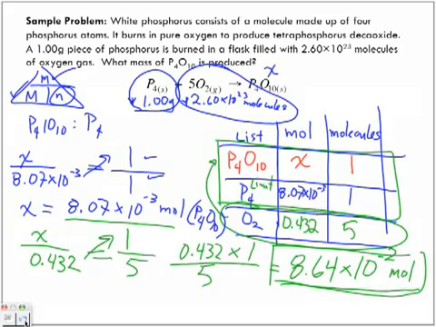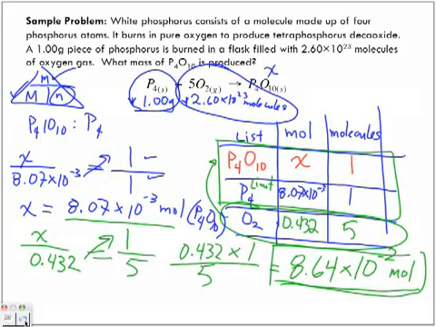The question didn't ask us for that, but we do need to know that, because we need to know which mole amount to use. The phosphorus, because when that runs out, it's done. So we're going to use that.